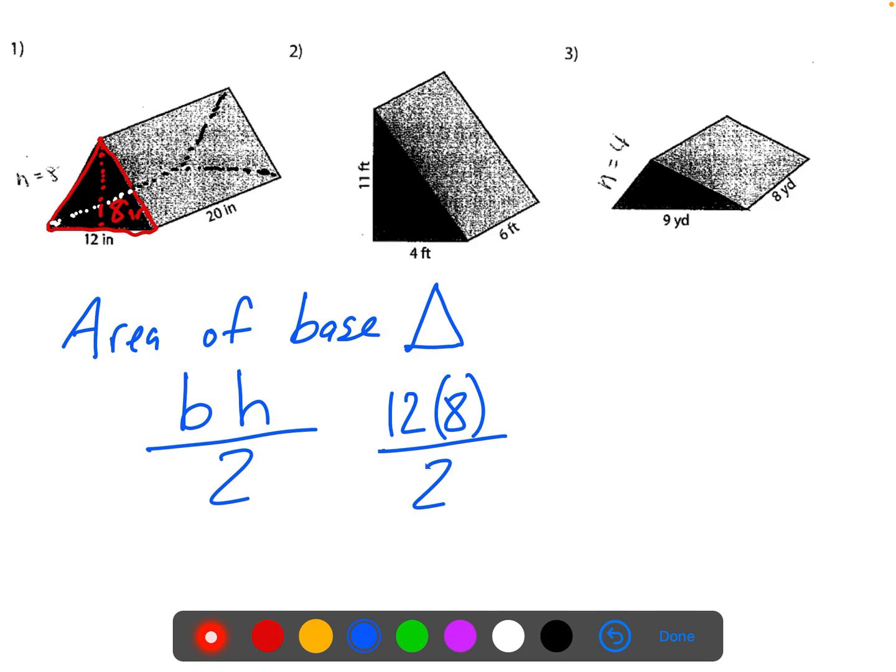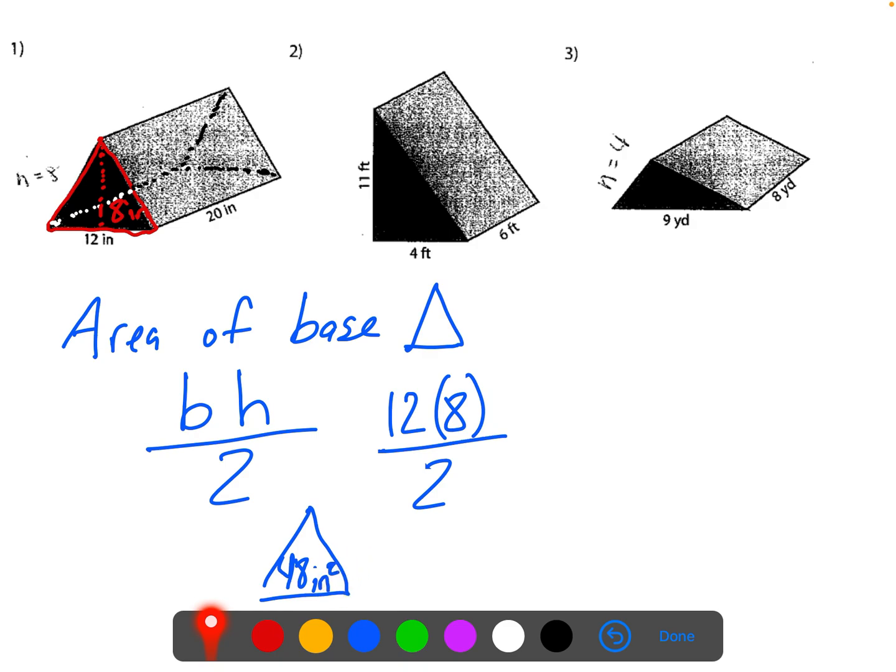Let me double check that real quick. 48. Okay. So the area of our triangle is 48 square inches. That's the unit of measurement that we use for area because we're talking about 2 dimensions. So square inches is our unit.